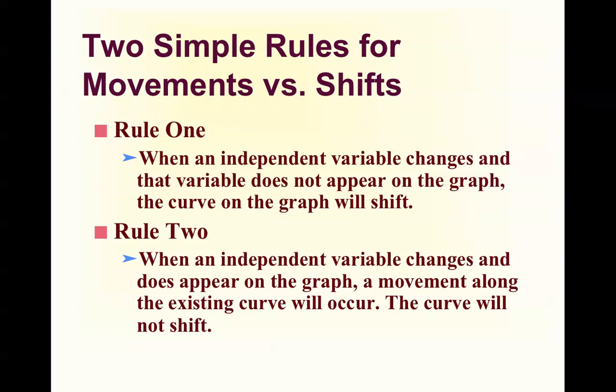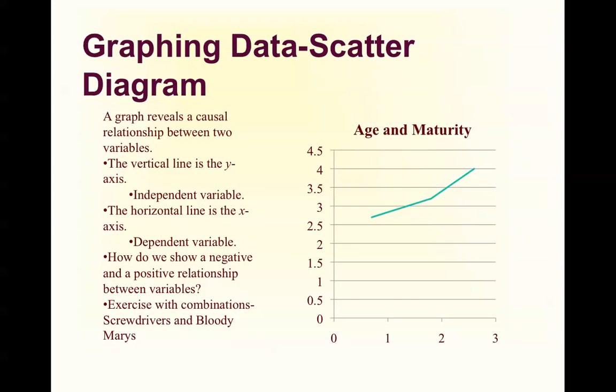So let's say we go back to age and maturity, and if something changed on maturity that was not age, that curve on the graph would shift. It would move either in this direction or it would move in this direction.